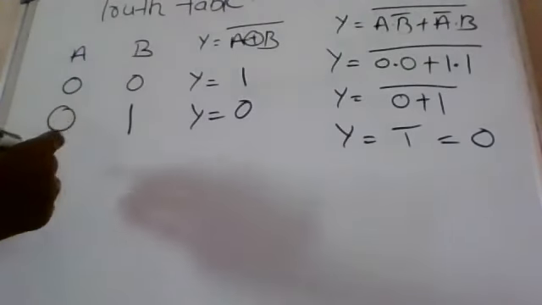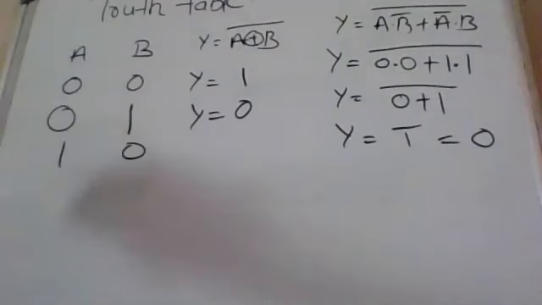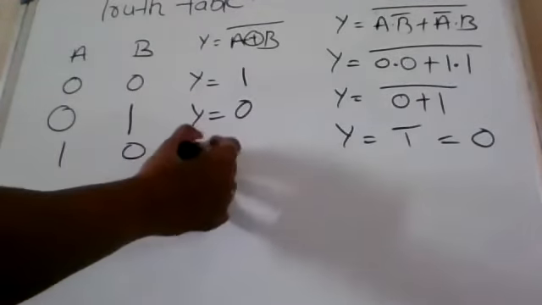Next, in case 3, 1, 0 condition: A is in 1 condition and B is in 0 condition. Again we get the same value, y equal to 0.